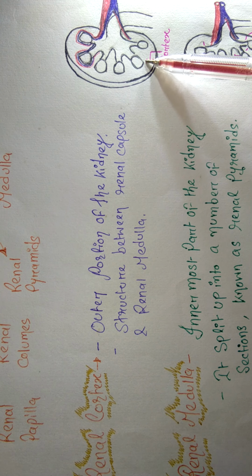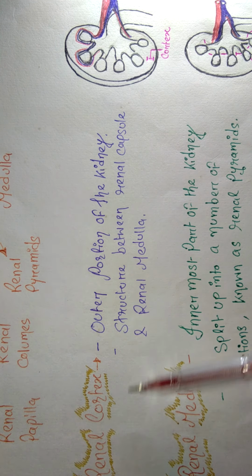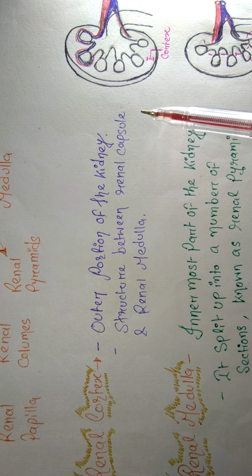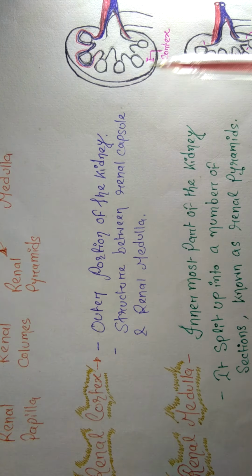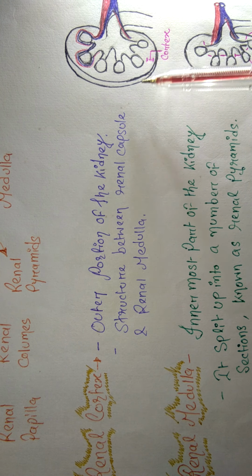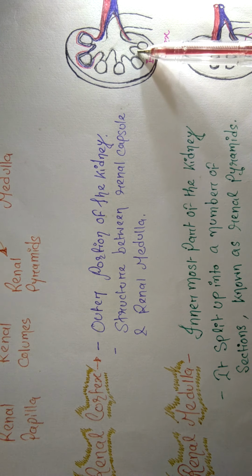The outer portion of the kidney is called the cortex. The renal capsule is the outer covering, and the renal medulla is the inner portion.